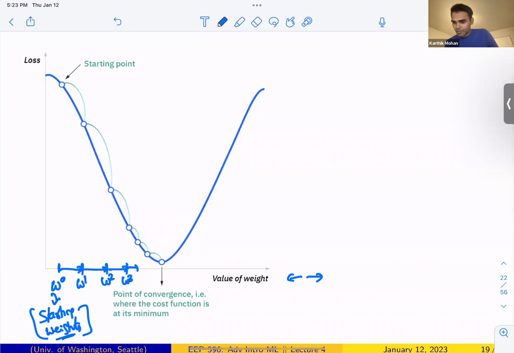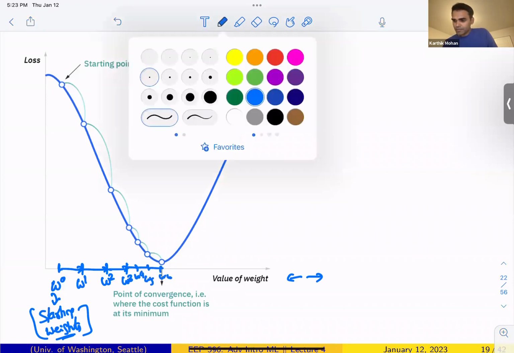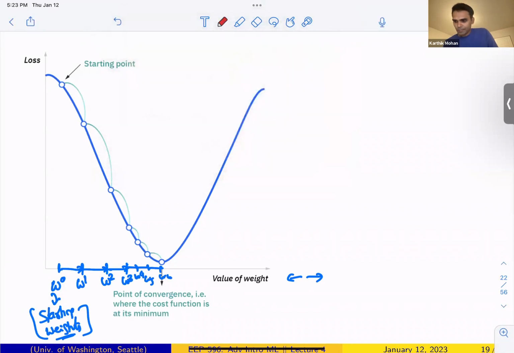W3, W4, W5, W6. Now imagine I take a huge step. Let's think of it this way. Let's say I'm at W2 and I decide to take a step that's this long.